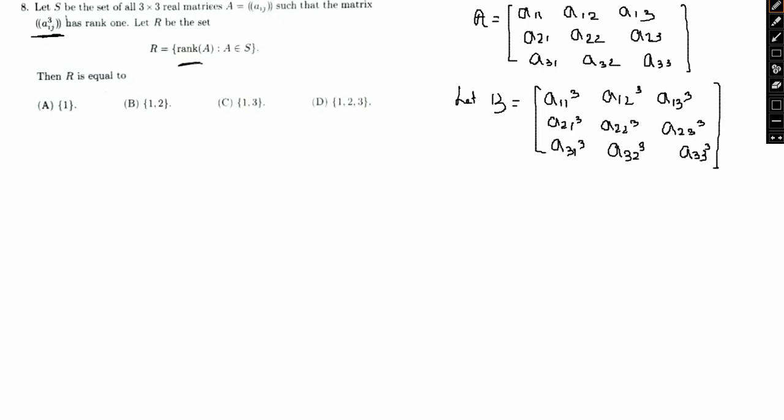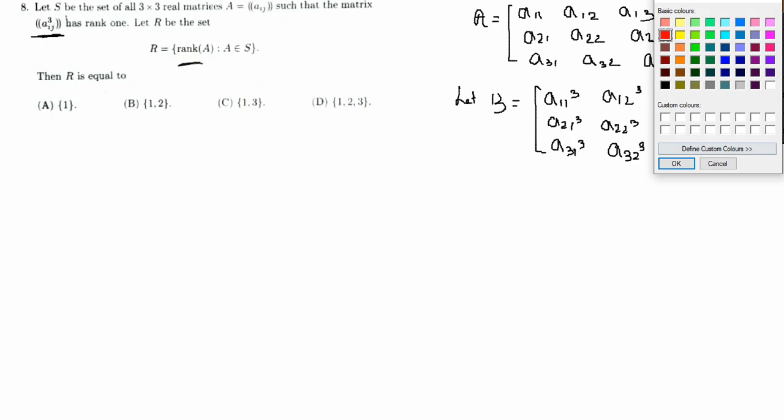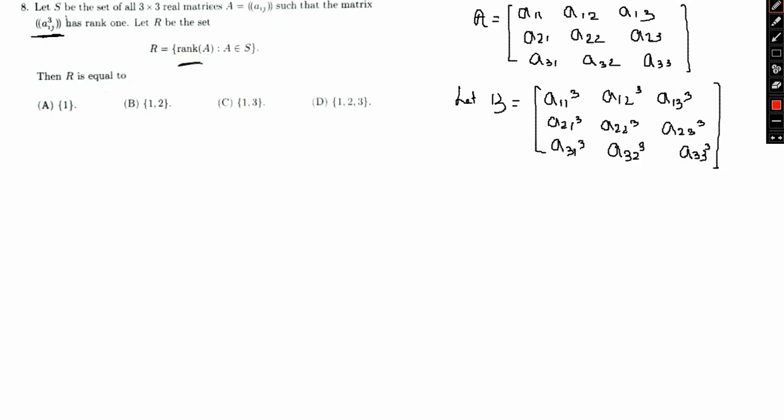Now let's take a look into one more thing. It's given that B has rank 1. So, since B has rank 1, we can write here A21 cube as C cube times A11 cube.